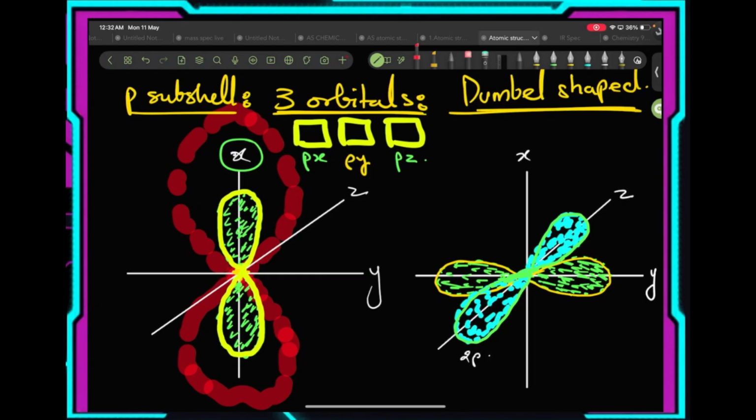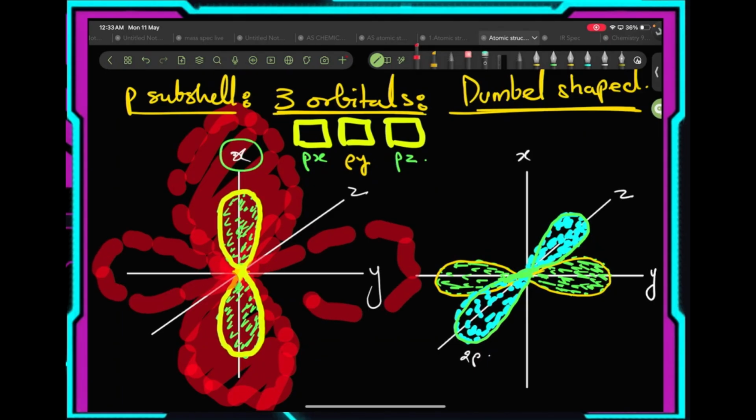So 3p would be like this, dumbbell shape, and then 3py would be like this, and 3pz would be in the z-axis like this, but it would be larger than the 2p orbital.